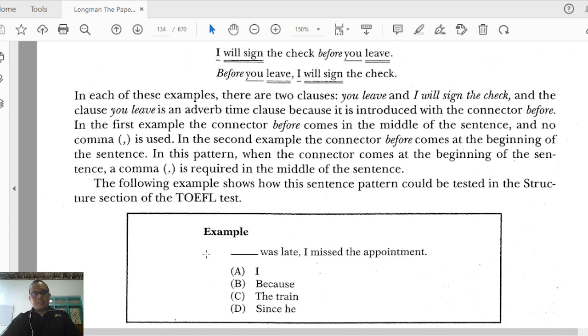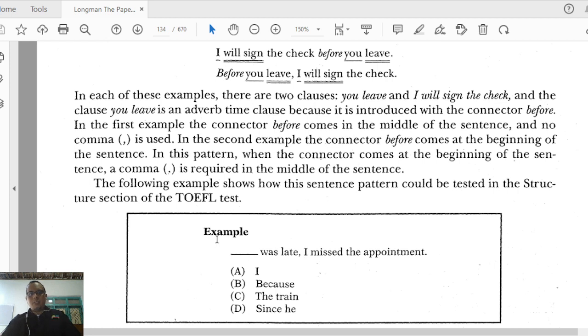In each of these examples, there are 2 clauses. You leave and I will sign the check. And the clause you leave is an adverb time clause because it is introduced with a connector before. In the first example, the connector before comes in the middle of the sentence and no comma is used. In the second example, the connector before comes at the beginning of the sentence.